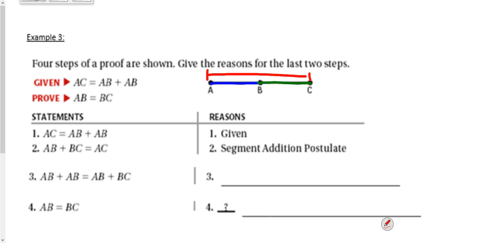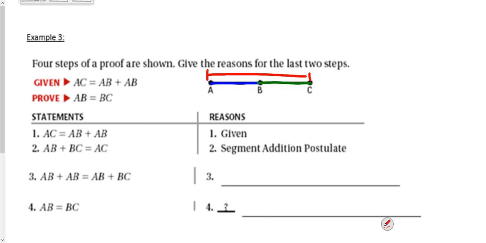Then we see number 3, AB plus AB. So I guess we're sticking with that. AB plus AB equals AB plus BC. So how can we get from what we're shown in our given statement and our segment addition postulate to AB plus AB equals AB plus BC?